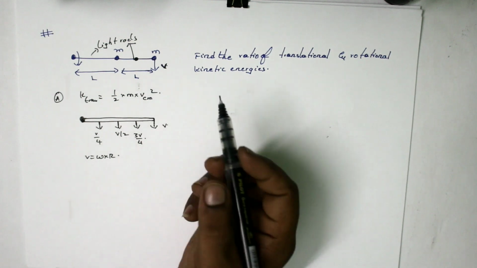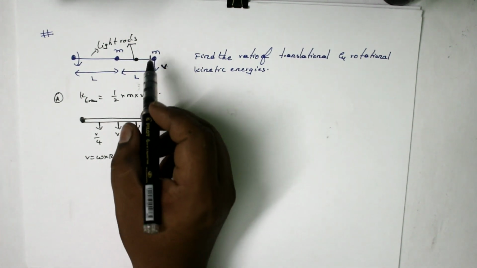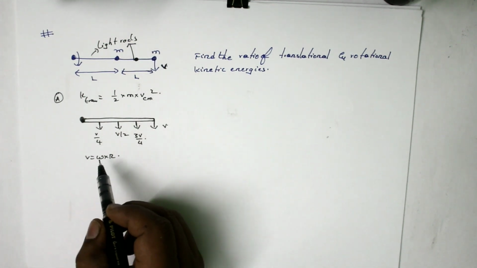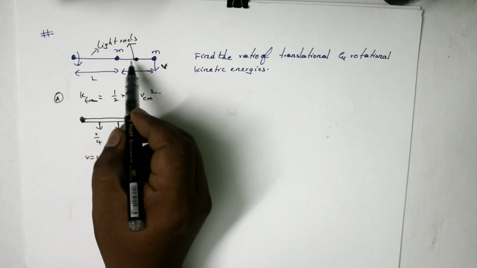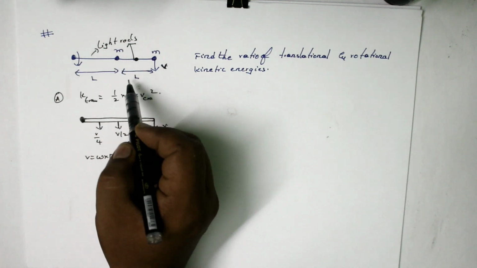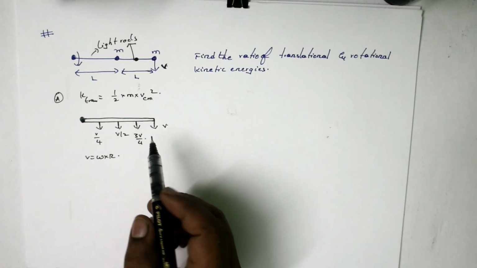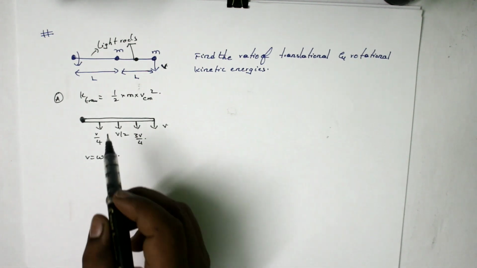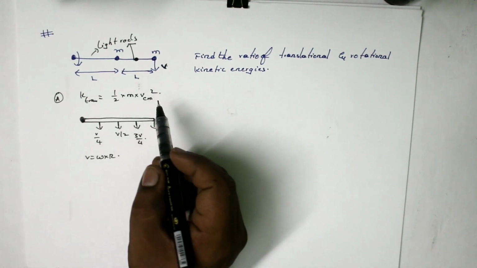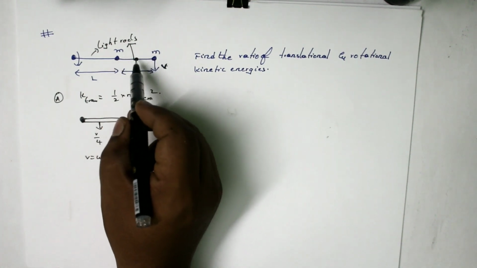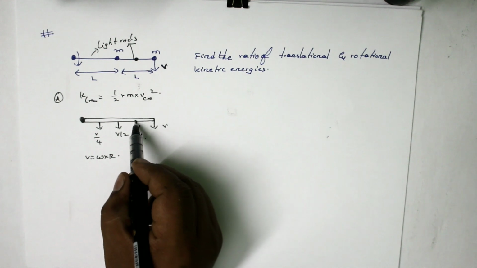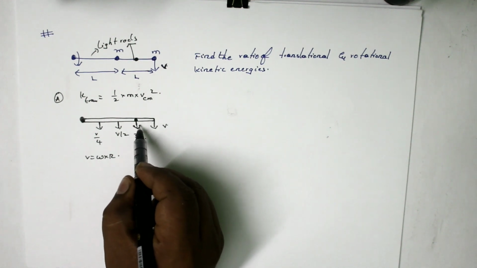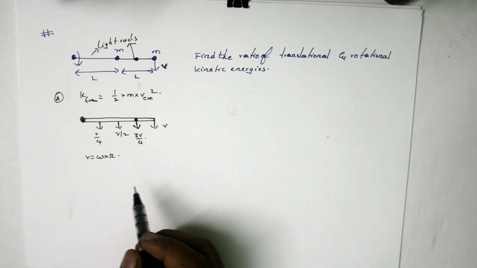Angular velocity is not given, so first we can calculate angular velocity, and up to here the distance is 3l by 4, and by multiplying that we can also calculate this tangential velocity of the rod. So now if I substitute in this equation, for these two masses, the center of mass is existing here, which is traveling with a tangential velocity of 3v divided by 4.